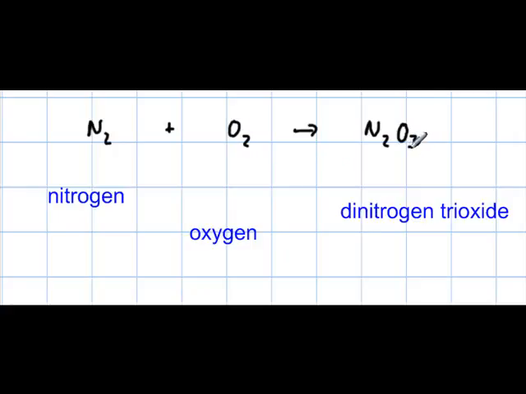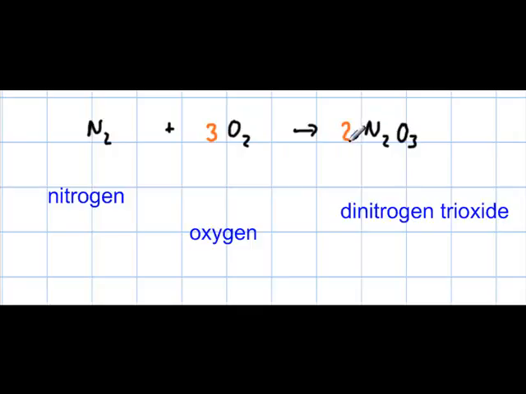Whenever that happens, that on one side we have an odd number of them, we definitely need to make that even, so we need to double it at least, and that's what I'm going to do here. So it's going to be 2 N2O3. So we have 6 on the right. That's even, of course. And then on the left hand side we have 3 O2 in order to match those 6. So 6 here, 6 there.